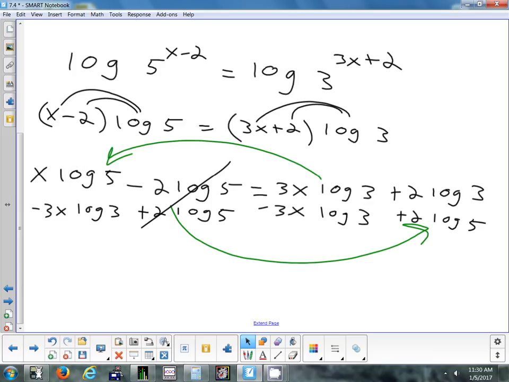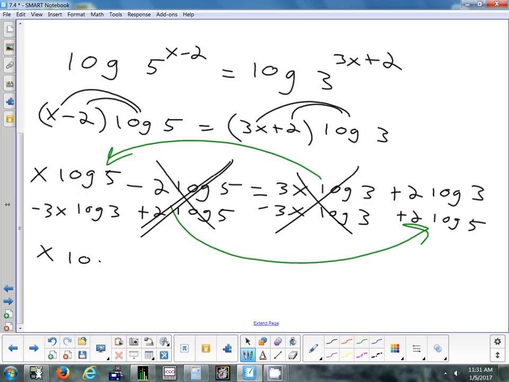All right, so now we've done everything. That's going to cancel. That's going to cancel. And let's write what we have. There's not really much we can simplify, but we can at least write it x log 5 minus 3x log 3. That's what's on the left. On the right, I have 2 log 3 plus 2 log 5.